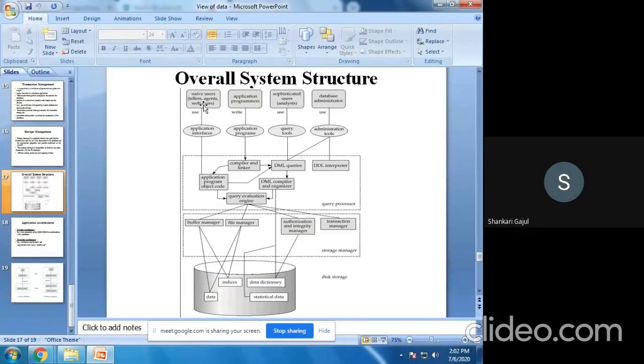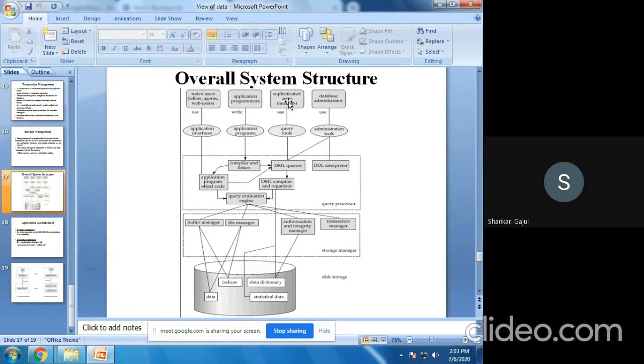They interact with the database through application interfaces. Application programmers are professional users who write the programs for those application interfaces. So this is the naive user and this is the application programmer.